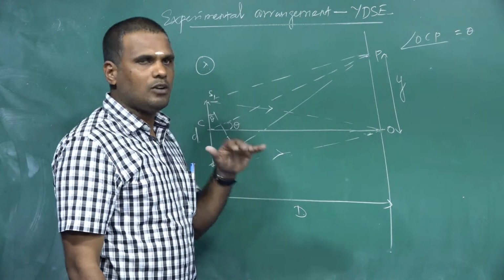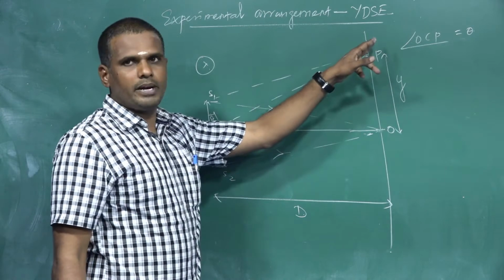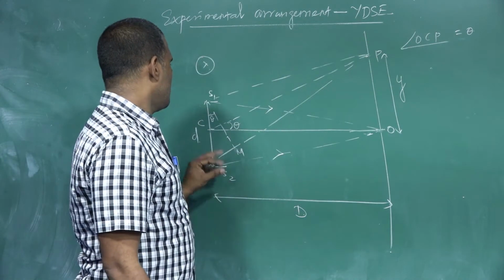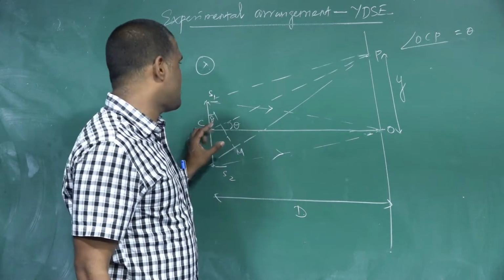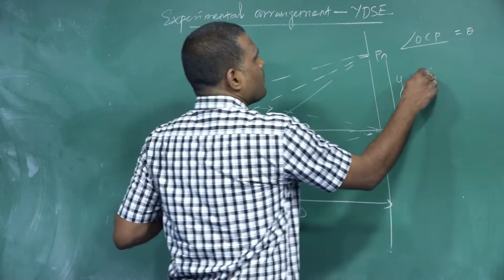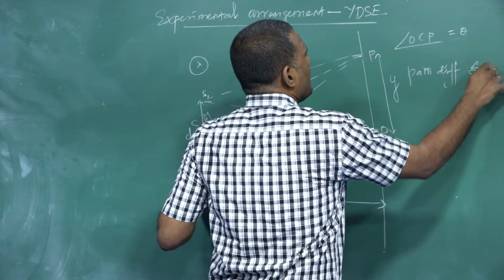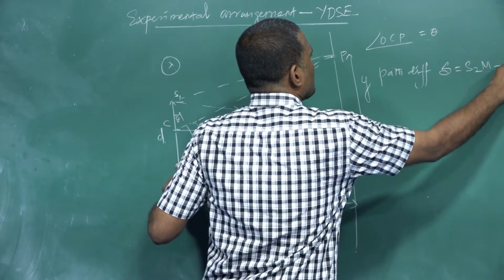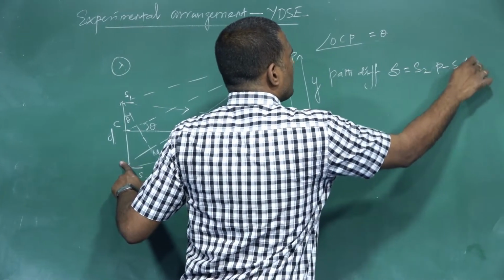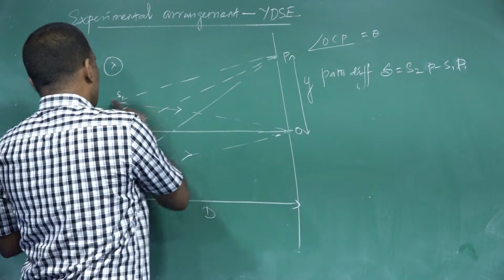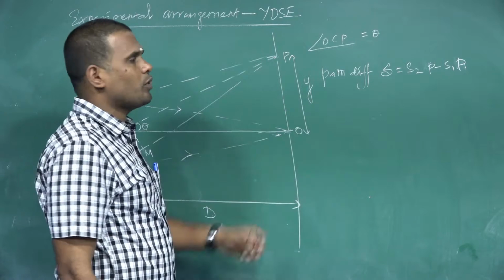We shall now speak about the path difference between the two interfering waves which are meeting at the point P. Path difference must be calculated first. The path difference delta is equal to S2P minus S1P.